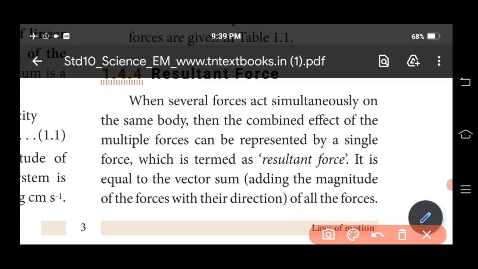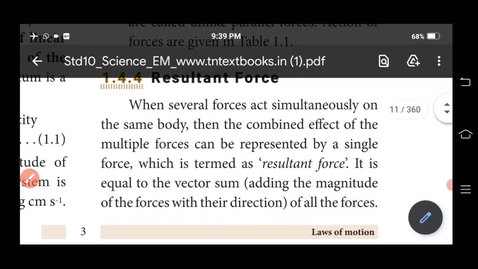It is equal to the vector sum. Vector sum is nothing but adding the magnitude, adding the values of the forces with their direction, because the forces are acting in different directions.